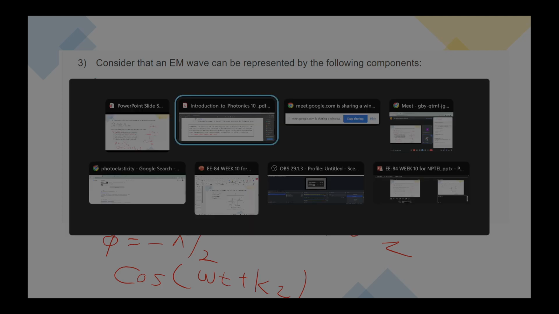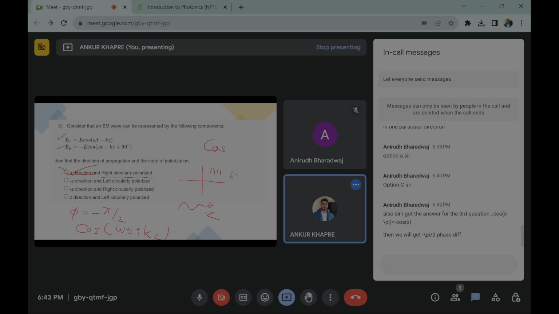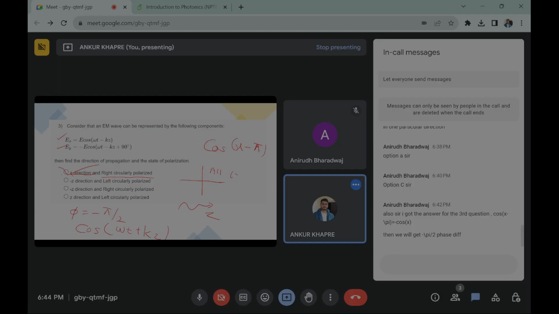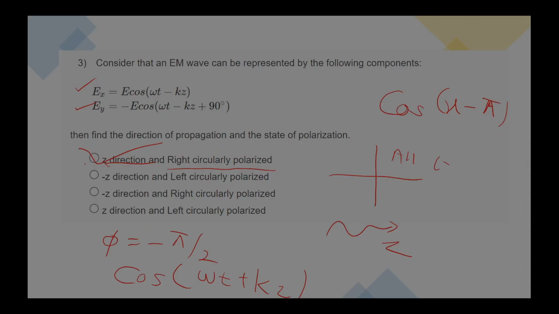You are saying cos(x minus pi)... but here at 90 degrees we have to check this. It is equal to minus cos x. We can convert this value to this value.